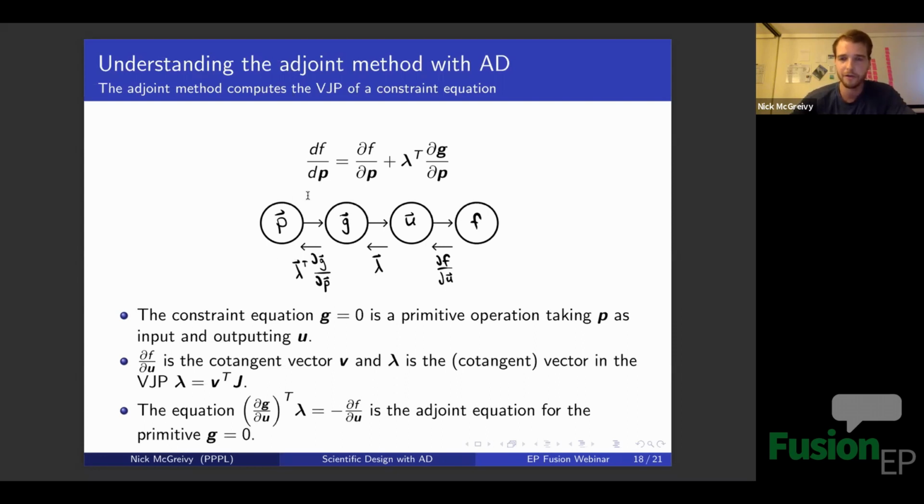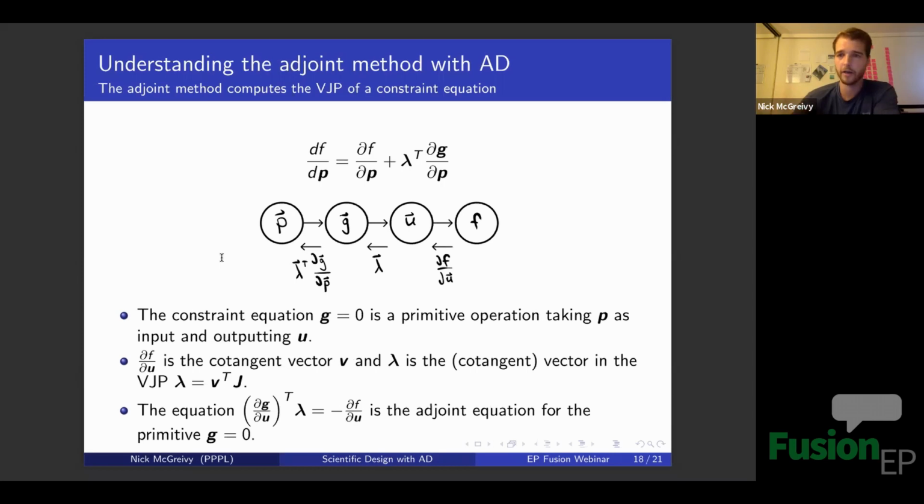And so the full derivative can be understood using automatic differentiation terminology in this way. So I write this here. The constraint equation is a primitive operation. df/du is the cotangent vector, or the vector in the VJP. And so is lambda. Lambda is the solution of the VJP. And then this is what's called the adjoint equation, which is the equation that gives you your VJP.